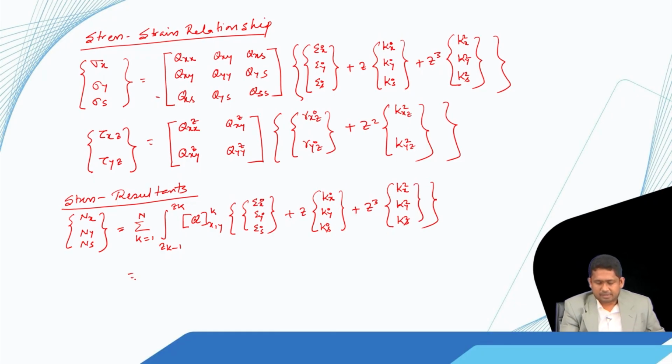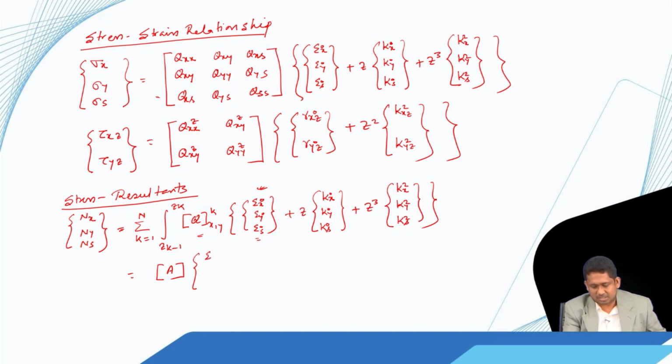Now, if I look at this term multiplied by this, we know it is not a function of z. So, only Q is a function of z. If I integrate that and sum it up, that gives us an A matrix which we are already familiar with.